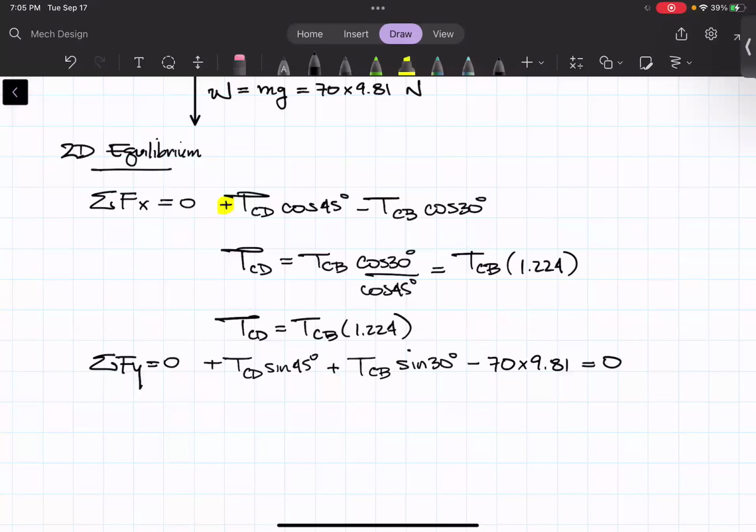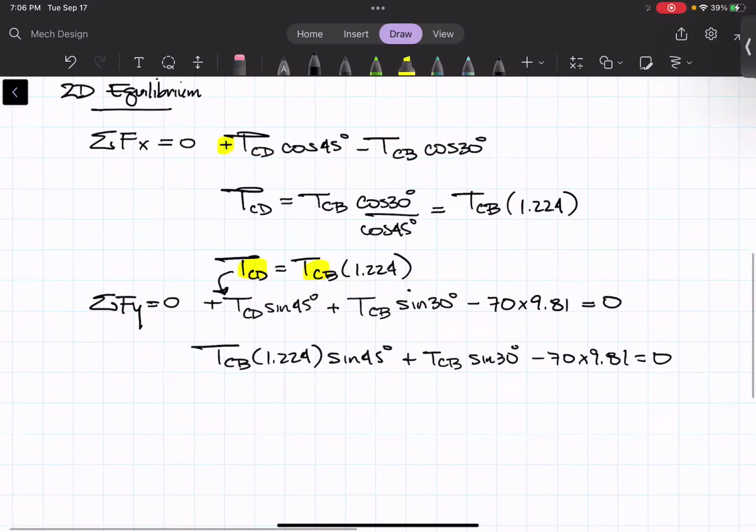Now we will substitute TCD in terms of TCB into our sum of forces Y equation. So TCB times 1.224 sine of 45 plus TCB sine of 30 minus 70 times 9.81 equals 0.